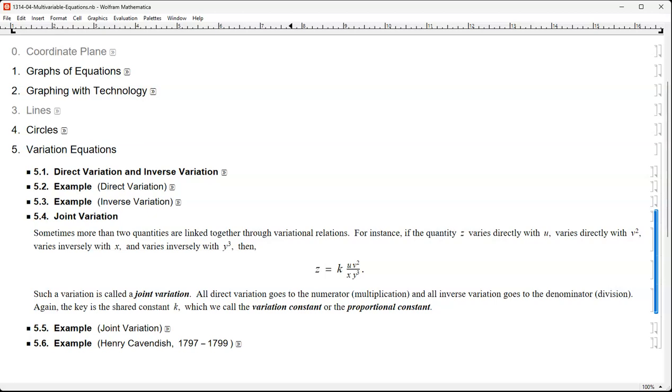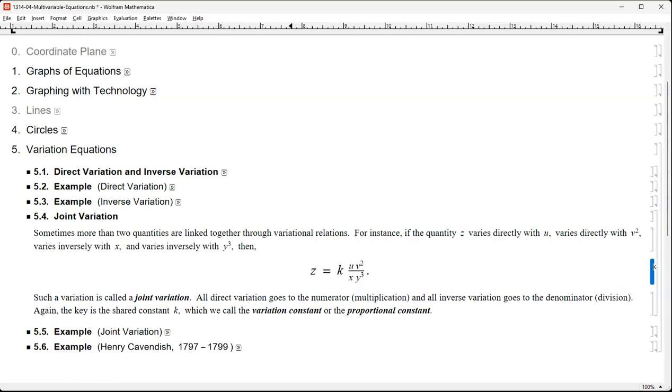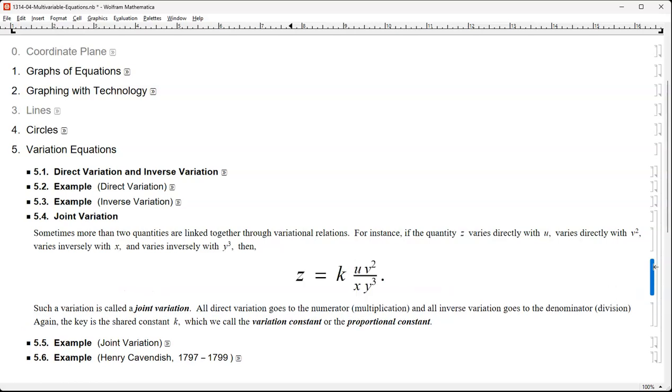For instance, if the quantity z varies directly with u, varies directly with v squared, varies inversely with x, and varies inversely with y cubed, then you're going to get this kind of relation. This is a variational relation, so no addition or subtraction. If there were, then that should be one quantity with parentheses there.